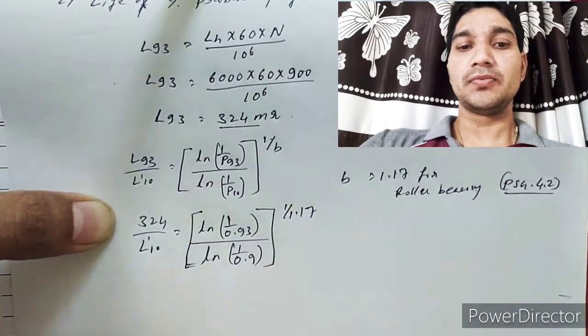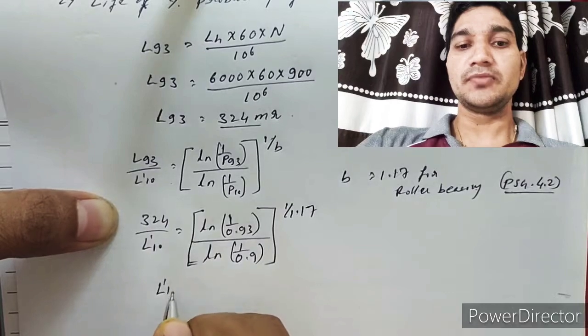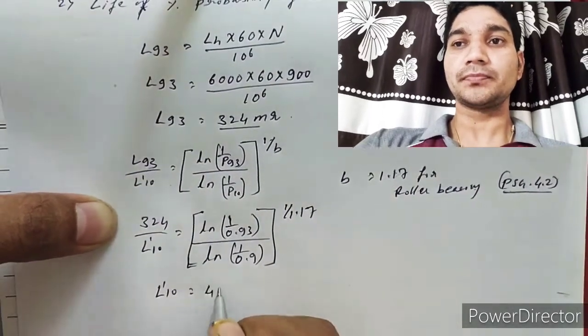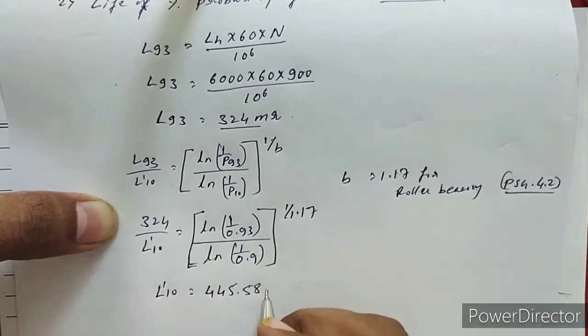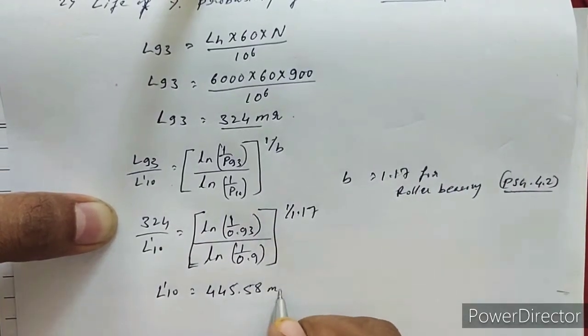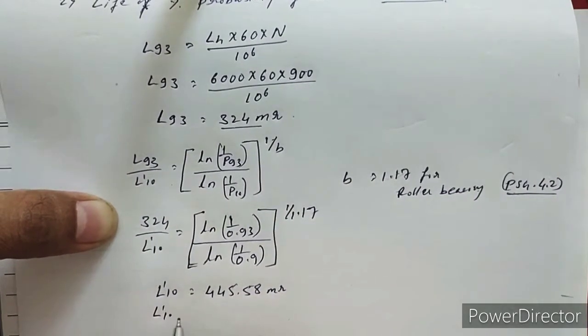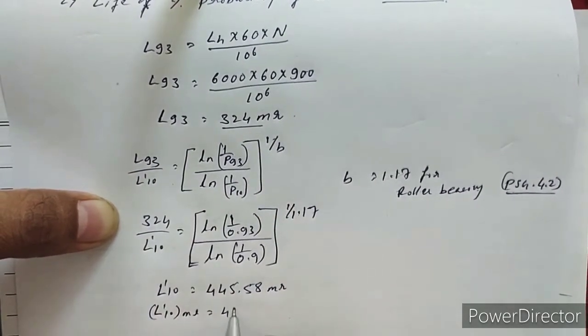On calculating this, we will get L10 as 445.58 million revolutions. This is the life we expect from the bearing we are going to select.